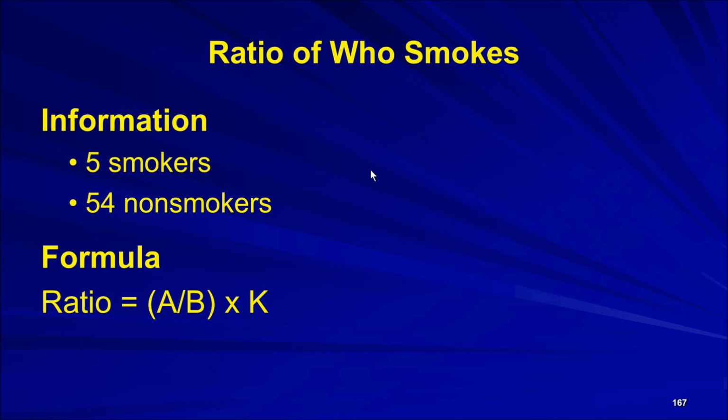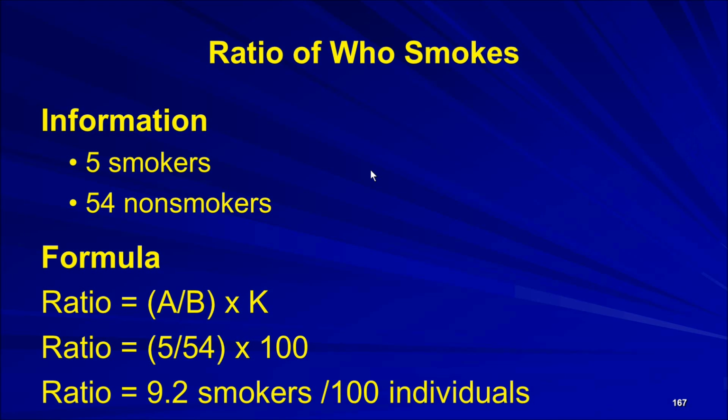And notice the difference in the formula. We switch from x and y to a and b times k to the nth power. Okay? So in this particular case, we leave the values separate, right? So we have 5 over 54 times 100. We're leaving it the same.